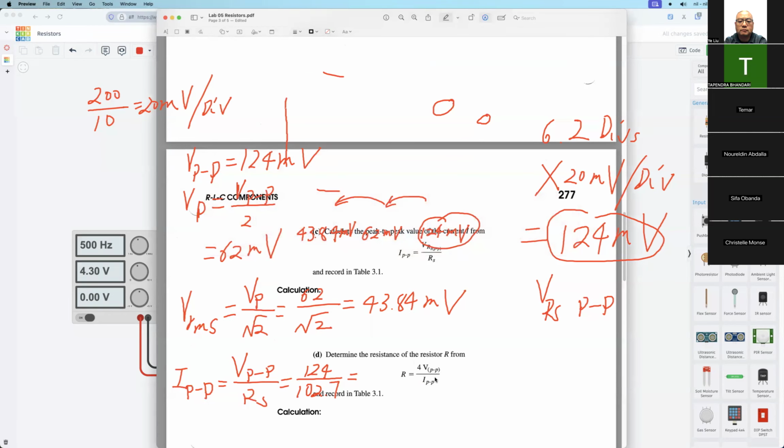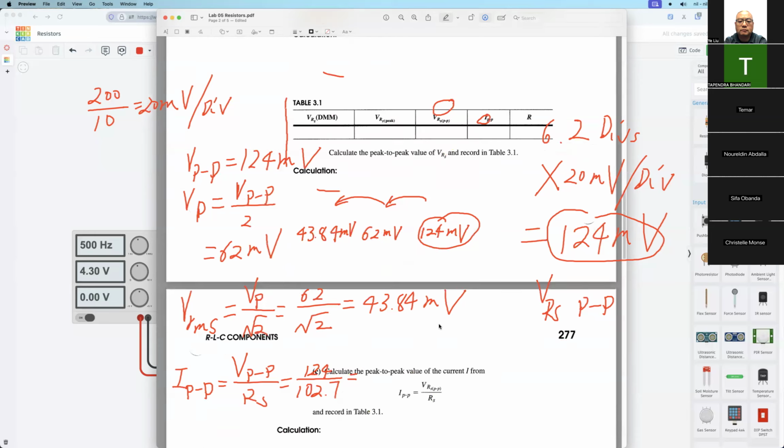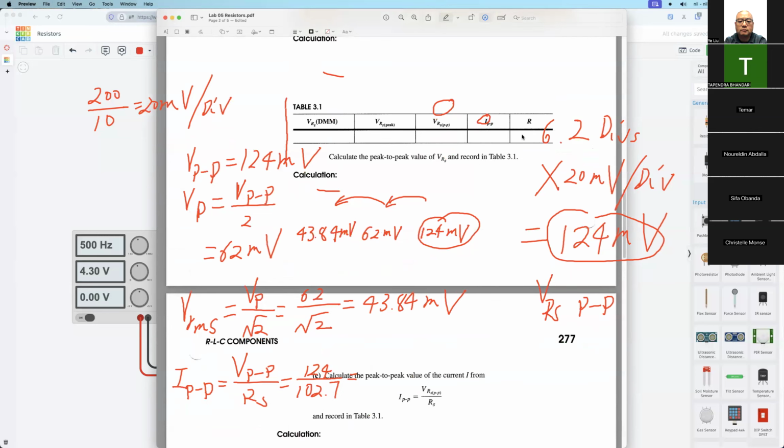Then we already get the current from here. Then we know the voltage across this resistor 3.3 is 4 volt. So from Ohm's law, we can get its resistance. Then after finishing the calculation, put the number in this place.